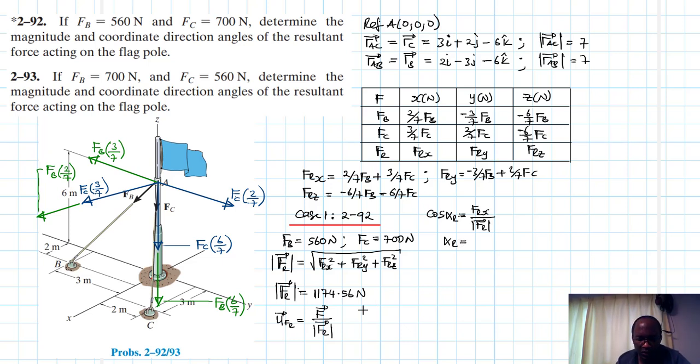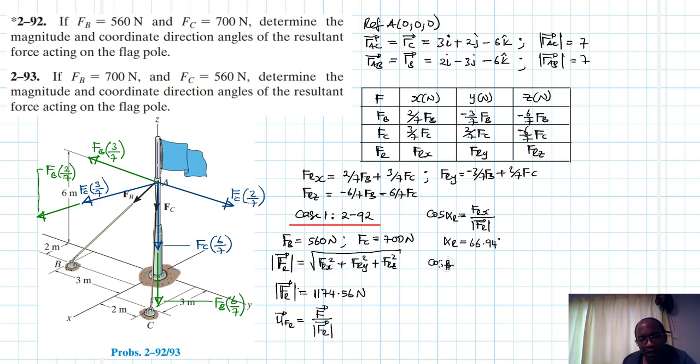FRx, we know it is 2/7 times 560 plus 3/7 times 700, divided by 1174.56. Cos inverse of that, we get 66.994.